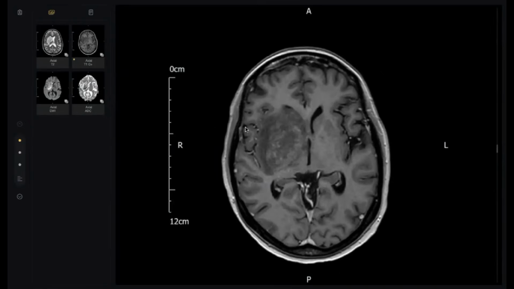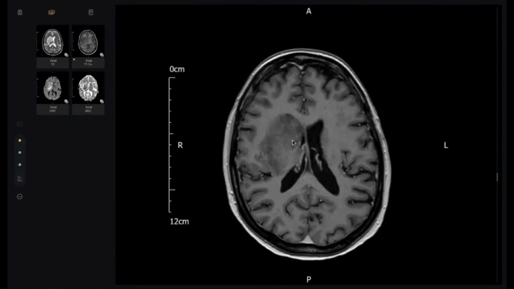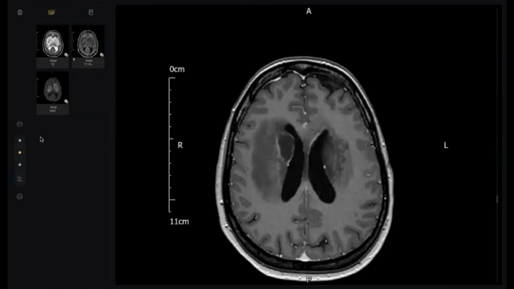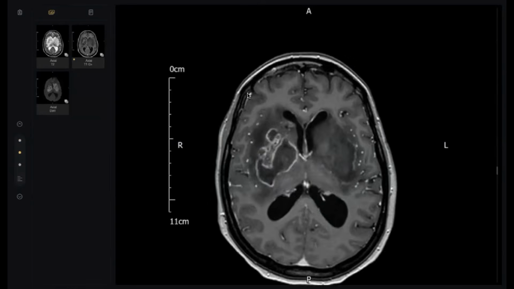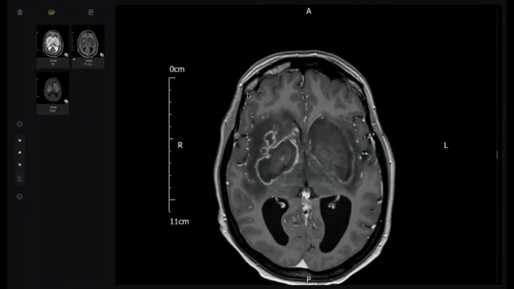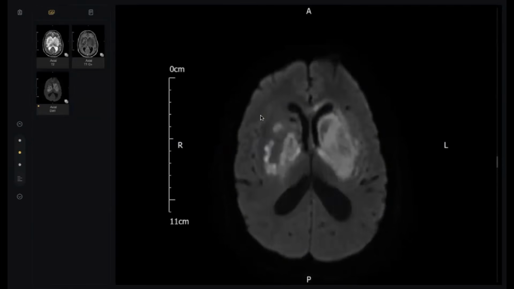In the follow-up, especially here, there is no obvious ring or marginal enhancement, and it looks like maybe something malignant. But in the second MRI, it starts to be much clearer: marginally enhancing lesions bilaterally.